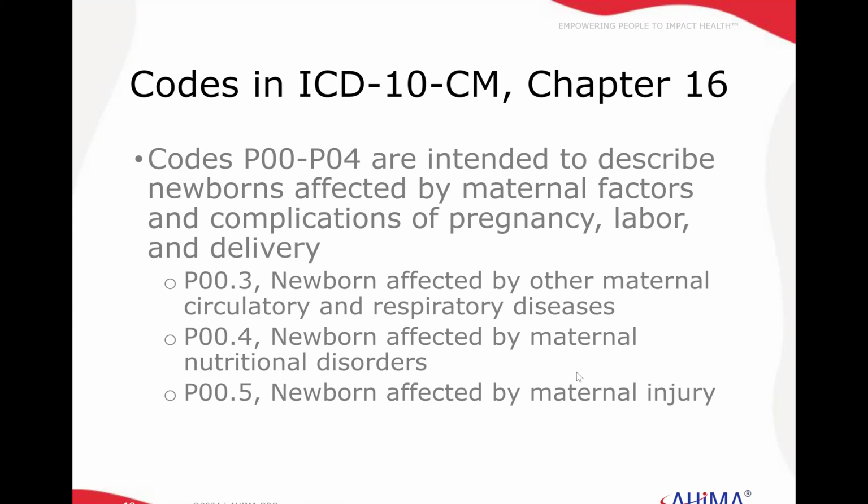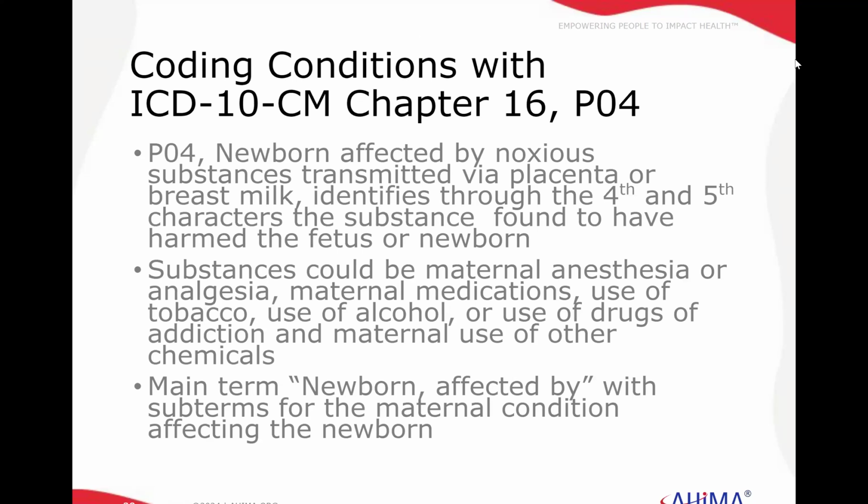P00.5, newborn affected by maternal injury, and so on. And in the previous chapter, we talked about pregnancy affected by. Well, now we're going to have something on newborns. Main term, newborn affected by, usually will take you to the correct code.